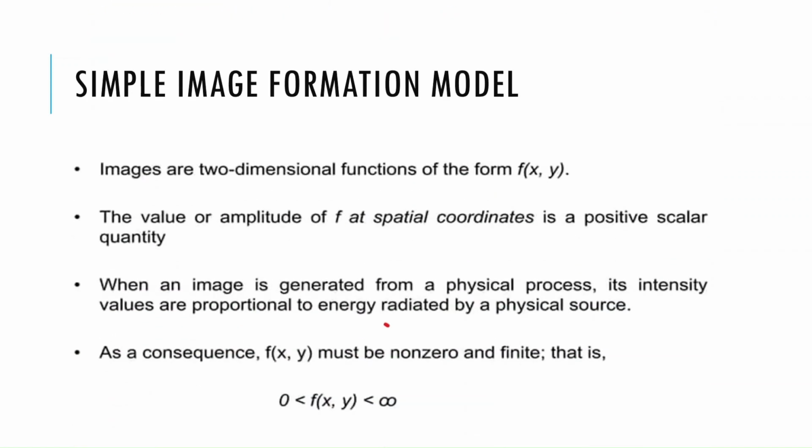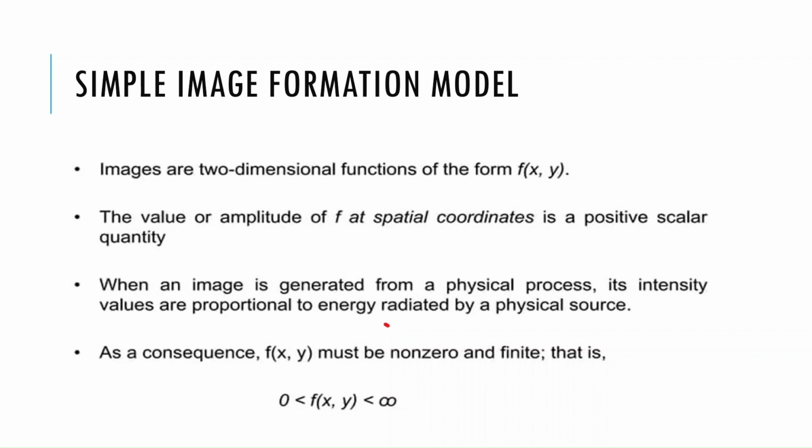Now the simple image formation model. Images are two-dimensional functions of the form f(x, y), that is our x and y plane, and the value or amplitude of f at the spatial coordinates is a positive scalar quantity. This depicts the arrangement of the pixels, and when an image is generated from a physical process, its intensity values are proportional to energy radiated by a physical source.